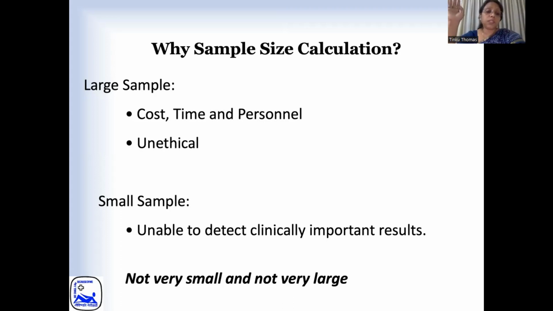So what is an appropriate sample size? A sample size that is not very small and not very large. When we say not very small, the sample size should be adequate to detect clinically important differences. Otherwise, what is the use of doing the study? So that is why sample size calculation is important, to give us that appropriate sample size that is required for your particular studies.